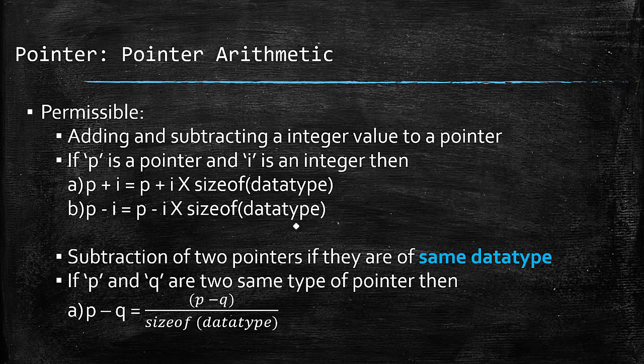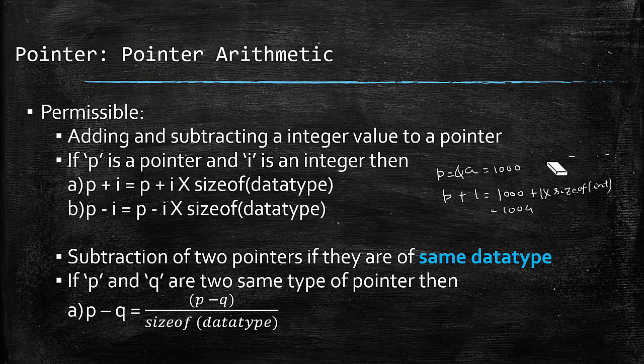So in our coding example, as we considered, P is holding the address of A and that is 1000. So P plus 1 will give me 1000 plus 1 into the size of integer. If the size of integer is 4, then it will give me 1004.